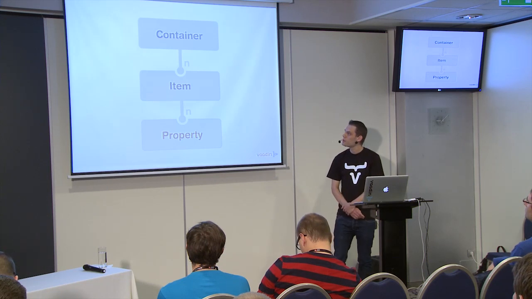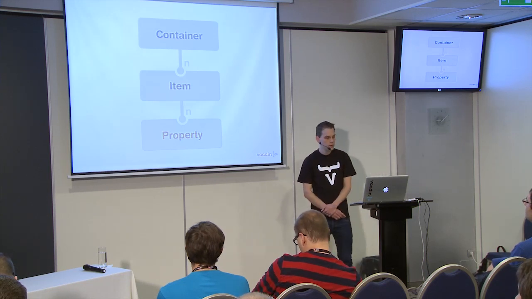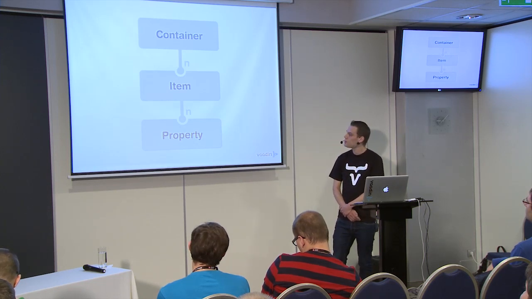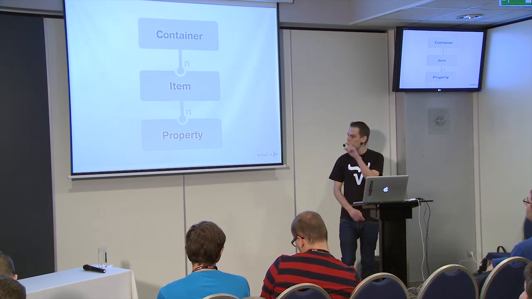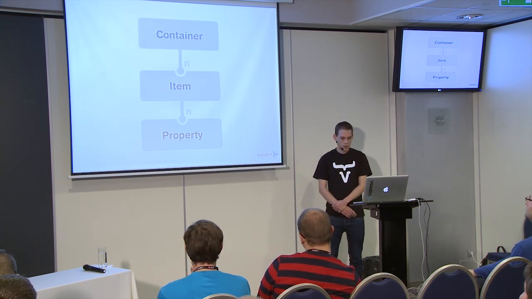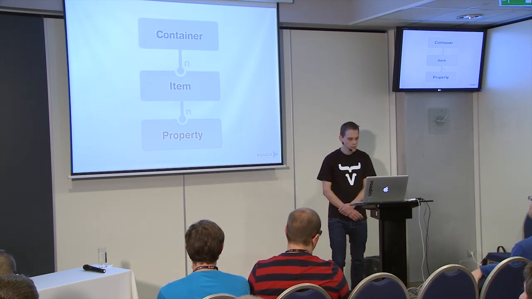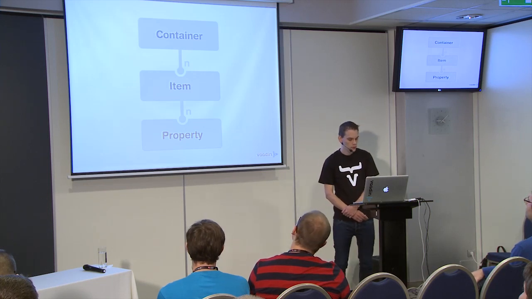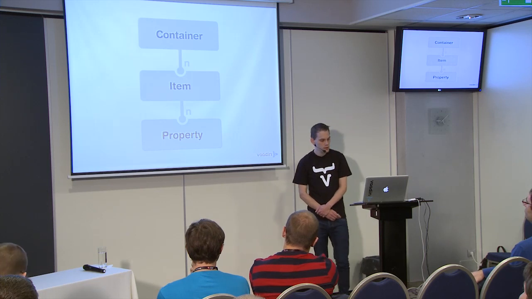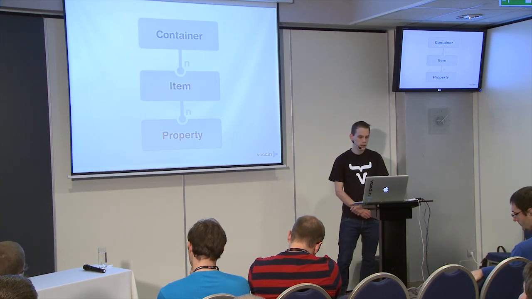Then we have an item that is a row inside the table. And then we have a property, and the property is a cell in the item in the row. So for example, you can bind a text field to a property. The property has a value and a type, so for example, string.